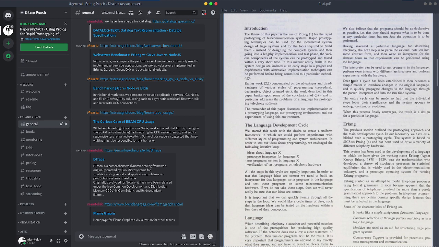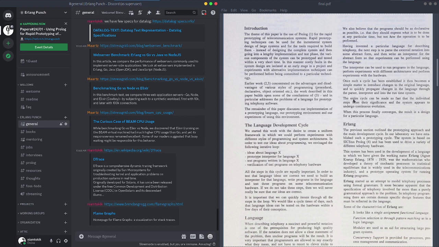The interpreter can be used to run programs. Once such a cycle has been established, it then becomes a simple matter to introduce changes to the original language and to quickly propagate changes in the language through the parser, interpreter, and into the runtime system.